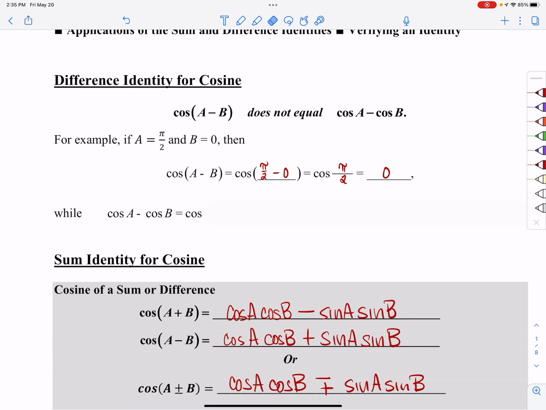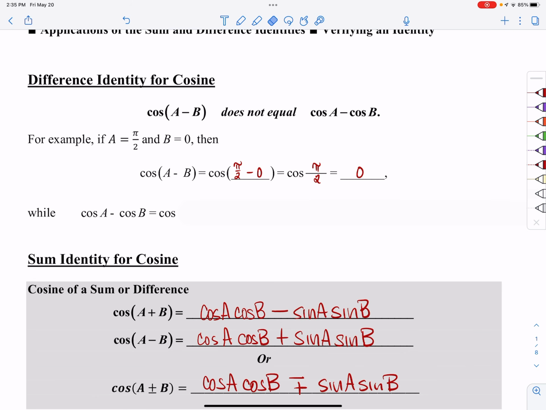Now let's look at the other side and use those exact same values for angles A and B, and find out if it's equal to 0. This is going to be the cosine of pi over 2 minus the cosine of 0. We already know that the cosine of pi over 2 is 0.